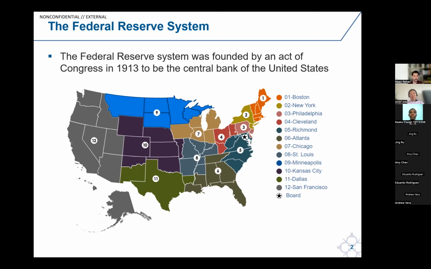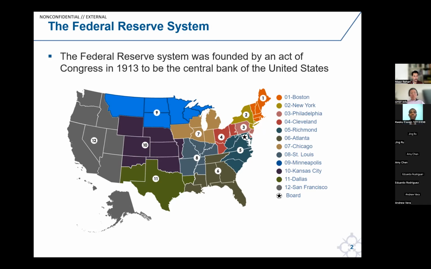To give you an example, there can be a satellite office in New Orleans, which does not necessarily mean that New Orleans has a reserve bank, but that it's a branch of another reserve bank located in a different state.